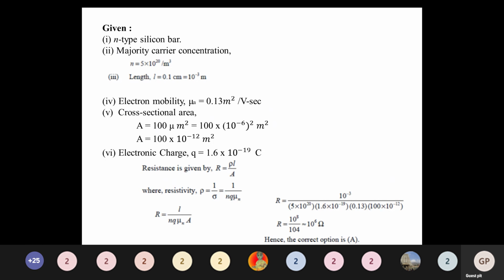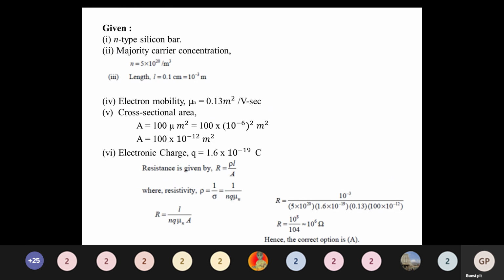In terms of meters, 0.1 into 10 to the power minus 2, since centimeter means into 10 to the power minus 2, which equals 10 to the power minus 3 meter. After that, mobility is given in the problem itself. The cross-sectional area is also given. We write all of these, and the electronic charge q we already know.